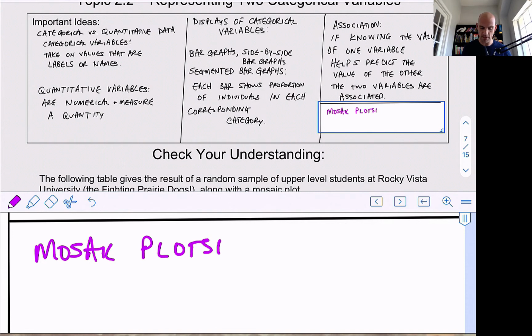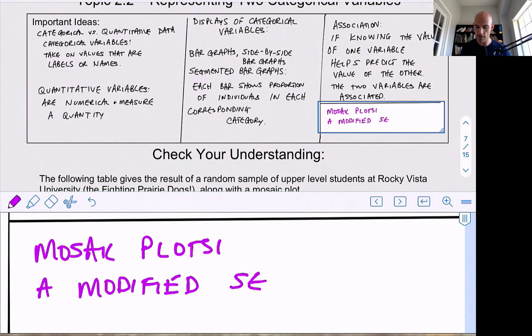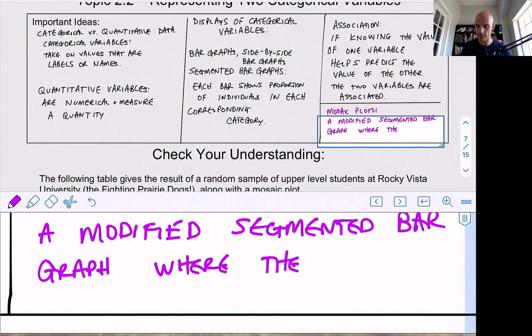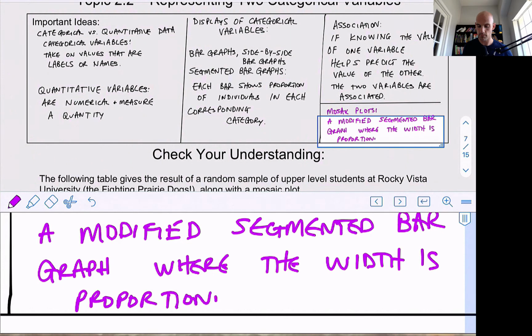So a mosaic plot is a modified segmented bar graph where the width is proportional to group size.